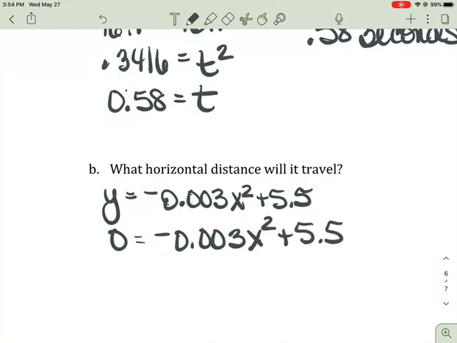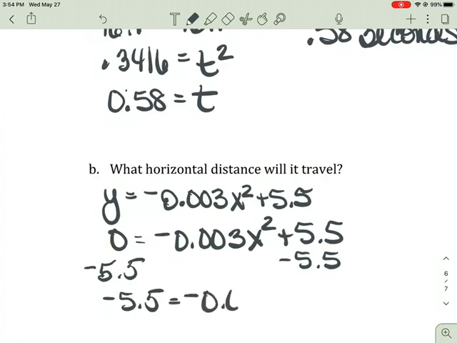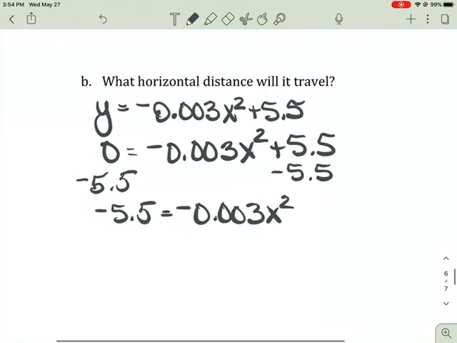We're going to solve for x, so we're going to subtract 5.5. Okay, so negative 5.5 equals negative 0.003 x squared. Divide by negative 0.003.